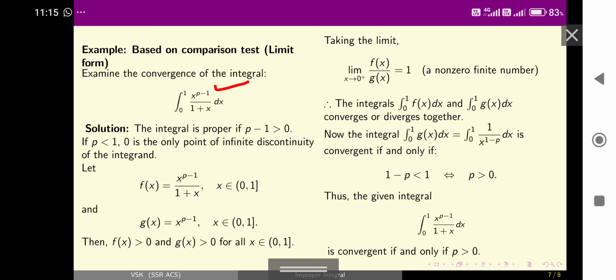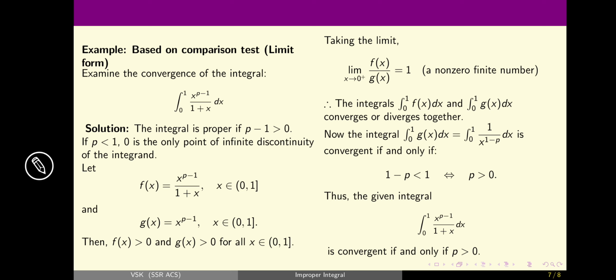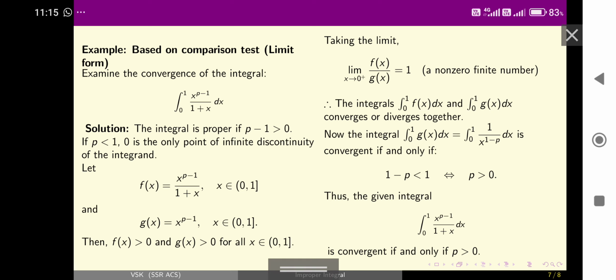Now let us suppose f(x) is equal to x^(p−1)/(1+x), x lies between 0 and 1, and let us take g(x) equal to x^(p−1). That is the new function. Then clearly f(x) is greater than 0 and g(x) is greater than 0 in this interval.